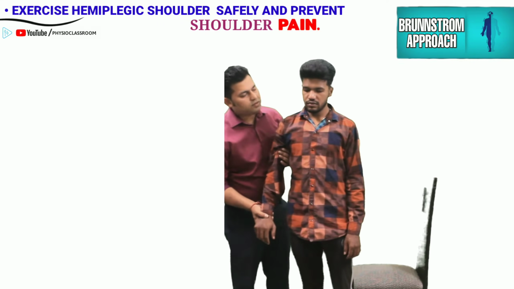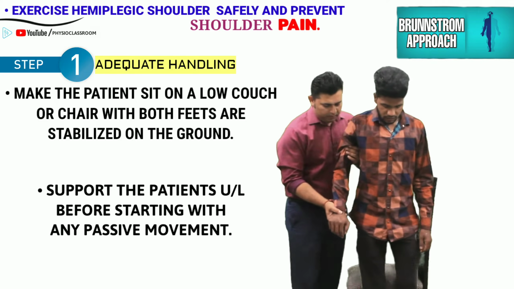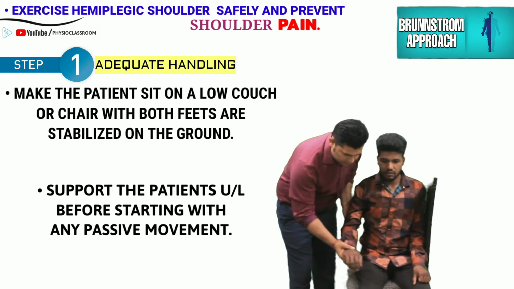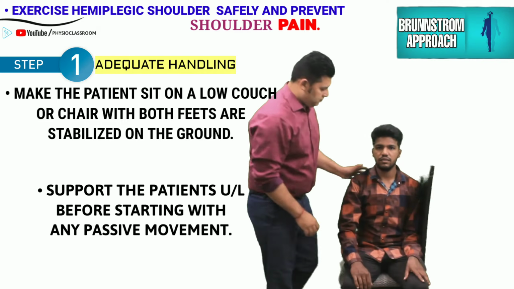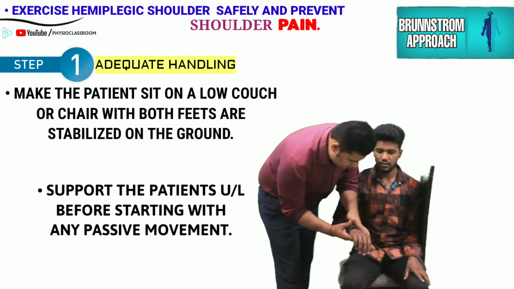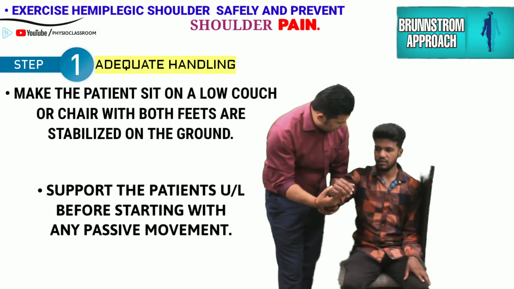The therapist makes the patient sit on a low couch or on a stool so that both the feet are resting on the floor. The therapist now supports the patient's involved upper extremity before starting with passive range of motion exercises.